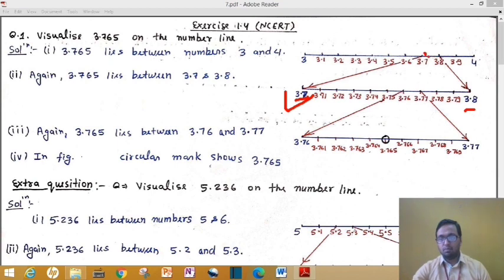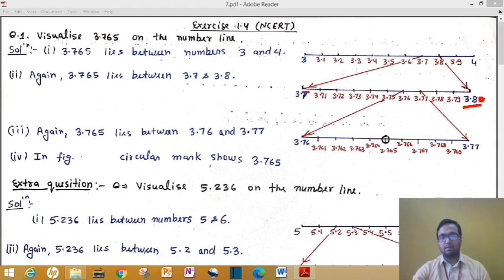Again, between this 3.7 and 3.8 we will have 10 small divisions. Those divisions we have mentioned over here. The first division will be written as 3.71, because you can consider this 3.7 as 3.70, and this 3.8 actually as 3.80.